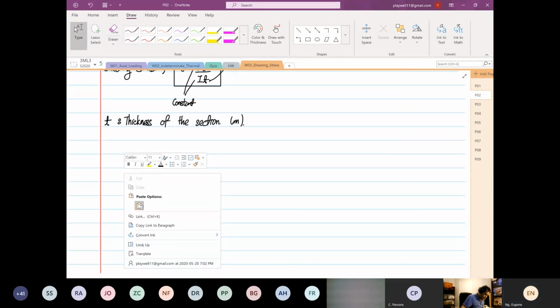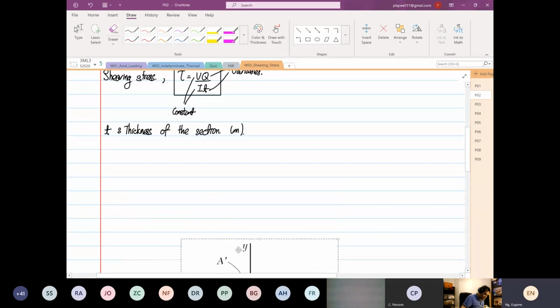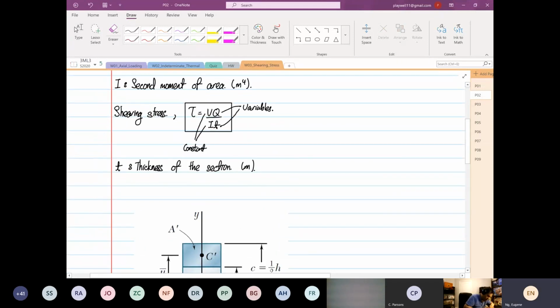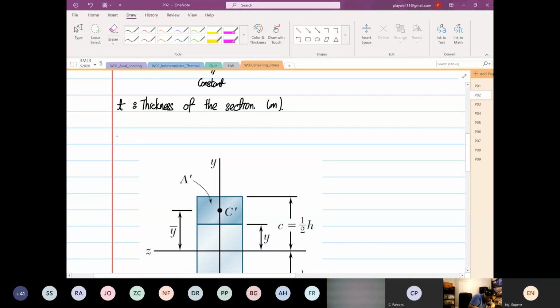Right. So what we are going to do now is look at the shearing stress in a thick wall section.